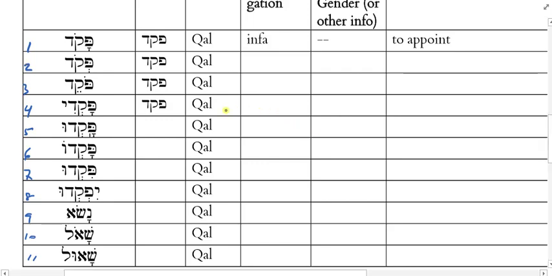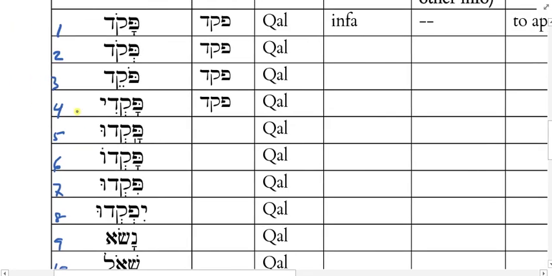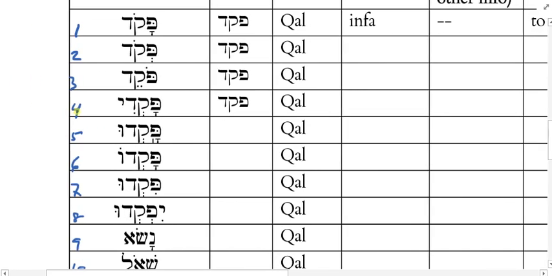Okay. Let's look at the forms here. I'll go ahead and make that a little bigger. We've got our root letters here: pay, kof, dalet. That's quite visible. But what we need to know is what that vowel is there. Is that a kametz or a kametz ketuf under the pay?